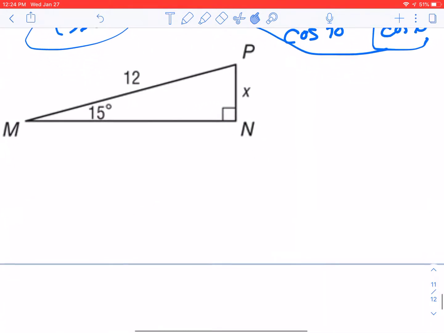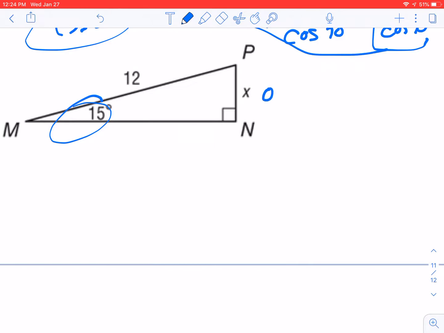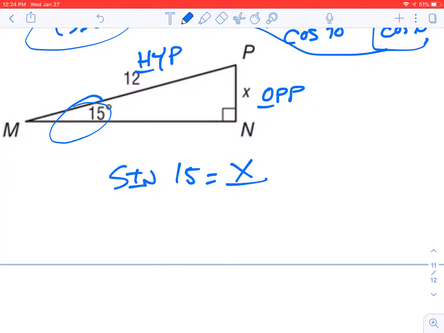All right, last example here. Circle my angle. This is my opposite. This is my hypotenuse. So if I have O and H, I know that is the sine of 15 equals opposite over hypotenuse, which is 12.